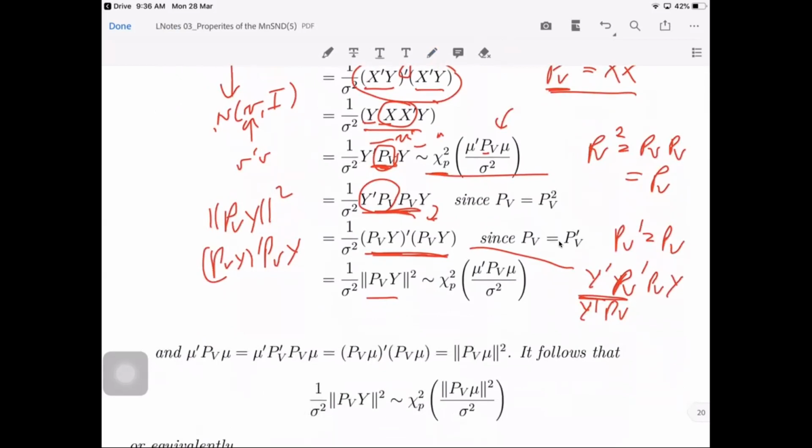So now we have shown that 1 over sigma squared, then the square norm of PBY is chi-square distributed with this non-centrality parameter, mu prime PB mu over sigma square.